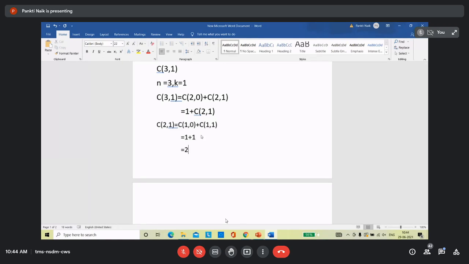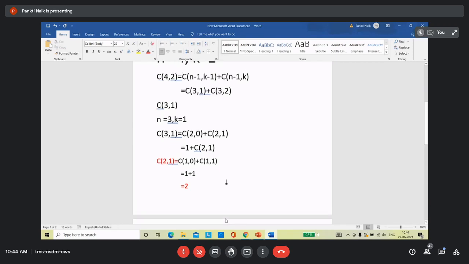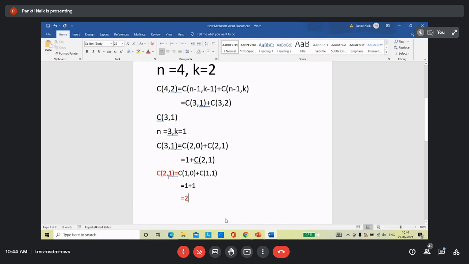So this is 2. Right? So we get the answer for this sub problem C21. Right? So we can use this value C21 in this equation. Yes, right? So put this value of 2 into this equation. Right?